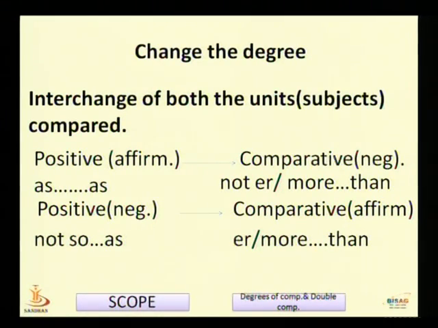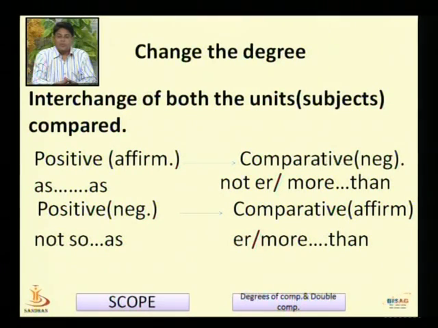When you are asked to change the degree, we have to remember only 2 points, that the units which are compared, they are interchanged. So the subject in the beginning of the sentence, when we change the degree, both the units or both the subjects which are compared, they are interchanged.